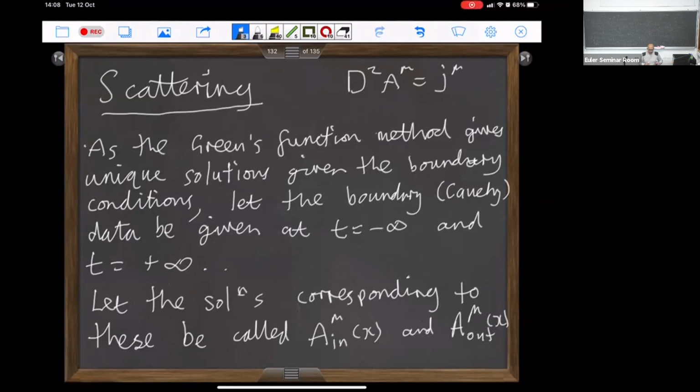Mathematically, the Green's method for the massless and massive wave equation, provided you give appropriate boundary conditions on a Cauchy slice, so on a three-dimensional appropriate boundary, the solutions will be unique.